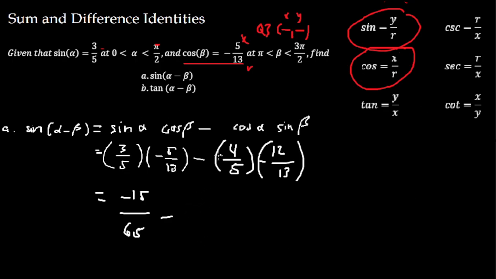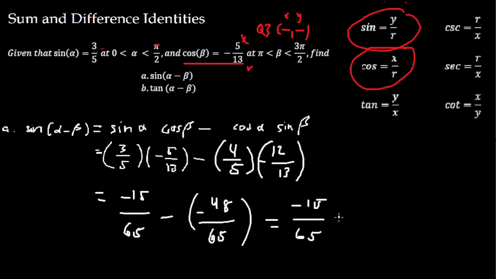I forgot to include 4 times 12, 48. But it's also negative, so it's going to be negative 48 over 5 times 13, which is 65. So it's negative 15 over 65 plus, because negative times negative is positive, 48 over 65. Same denominator, just copy. Negative 15 plus 48 is 33.